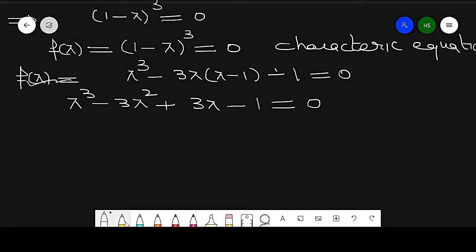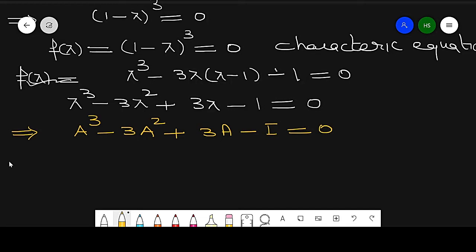The statement of the Cayley-Hamilton theorem: every square matrix satisfies its characteristic equation. So by using the Cayley-Hamilton theorem, A cube minus 3A square plus 3A minus identity is equal to 0.